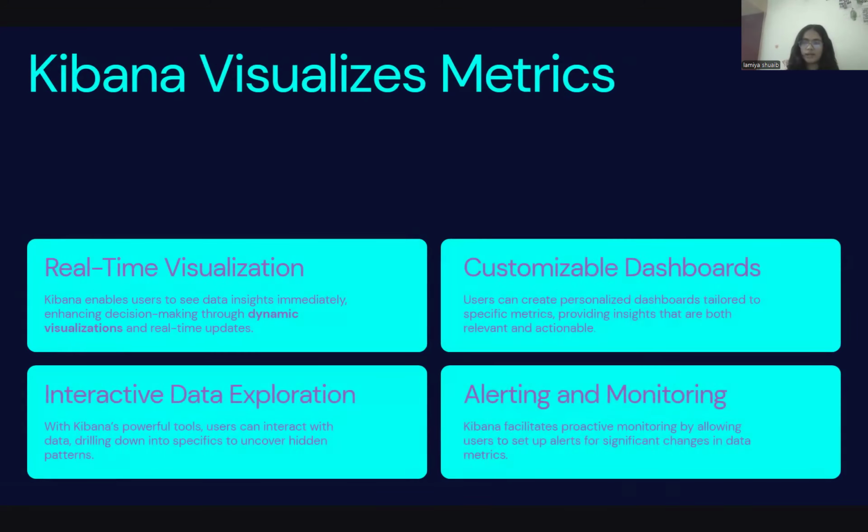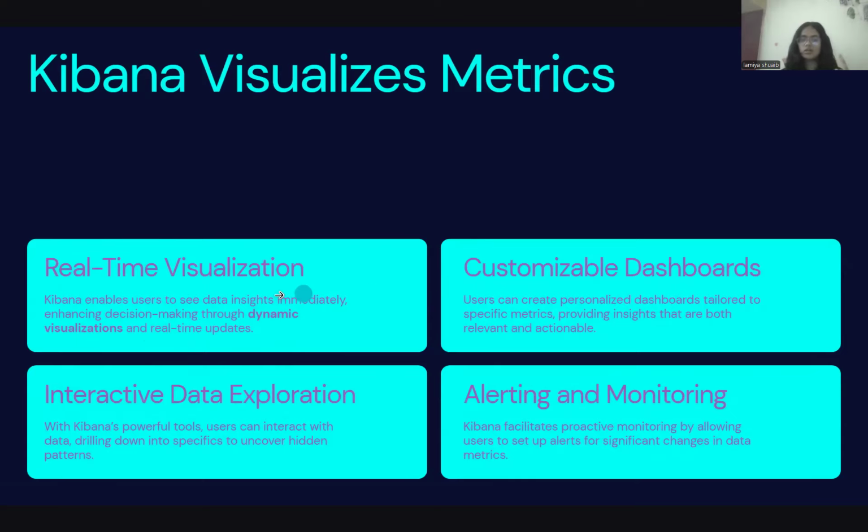So Kibana visualization metrics. After this, real-time visualization. Now, what are the features of Kibana? Kibana enables users to see data insights immediately, enhancing decision making. The decision making process is mainly done using Kibana, so that for real-time analytics or data analysis, it is easier for them to view and understand what is going on.